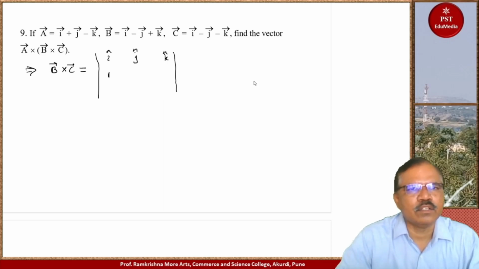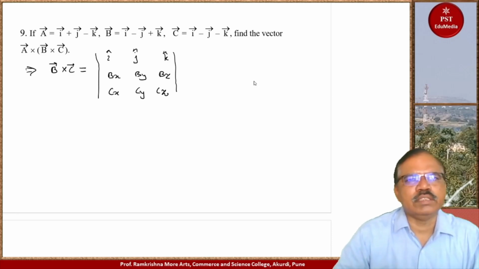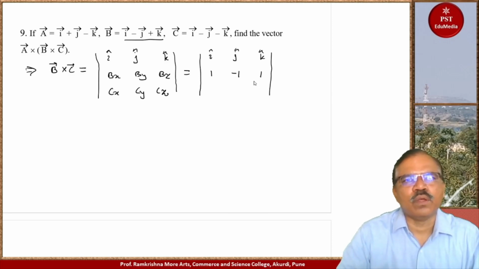And then Bx, By, Bz, Cx, Cy, Cz. So this is equal to i, j, k, and B is this, so you will get 1, minus 1, 1, and then C is this, so 1, minus 1, minus 1.